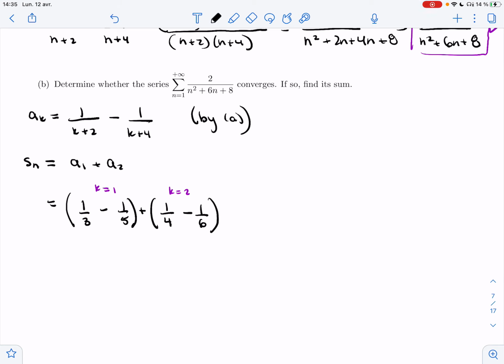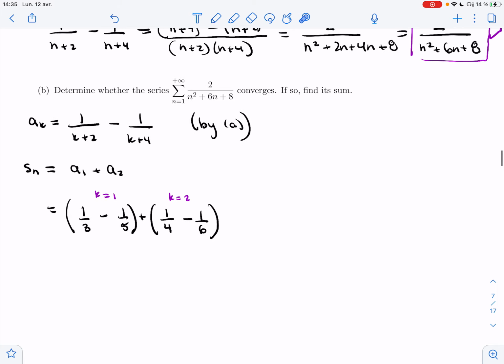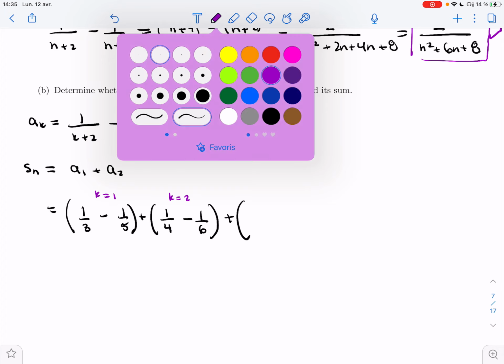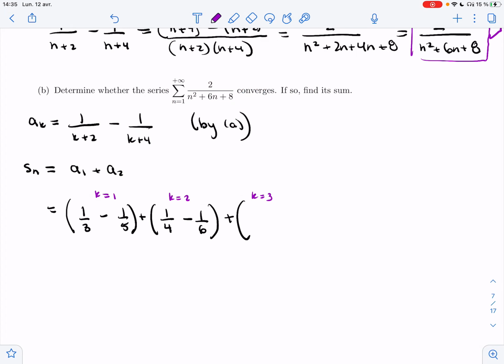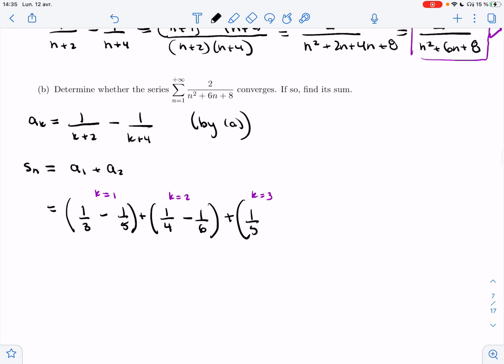We don't see the cancellation that we're hoping for, but it looks like the first term is getting close to this one, so probably the next one. Let's try k equals 3. If I plug in 3 here, I get 1/5 minus 1/7.